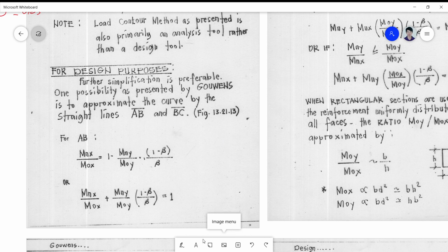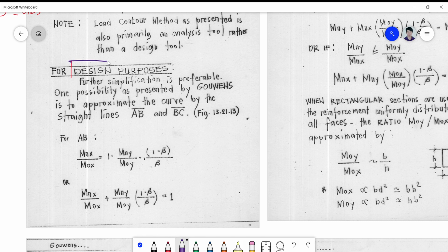This is what I was telling you, that the PCA method makes use of the load contour method as a design method. So this is now the PCA approach of Parme.